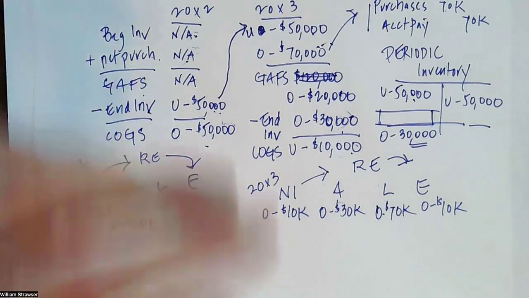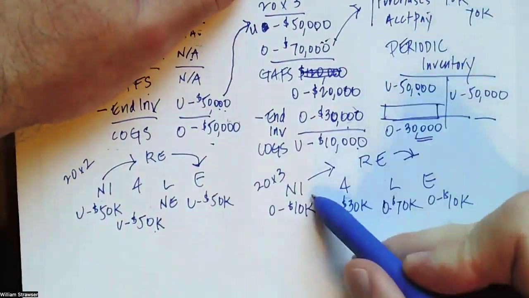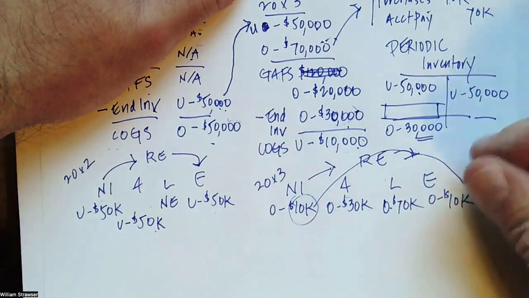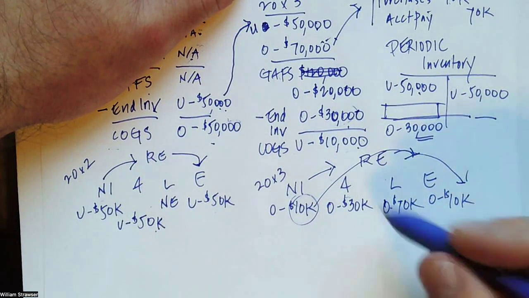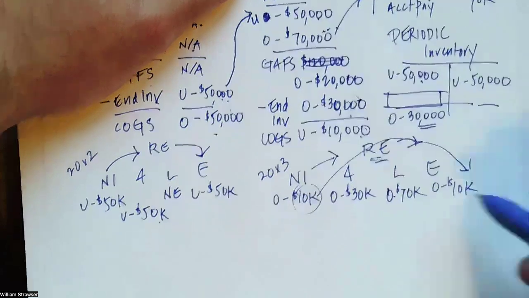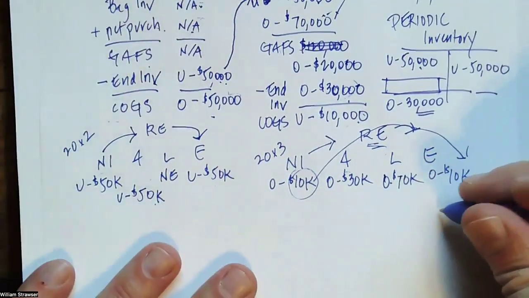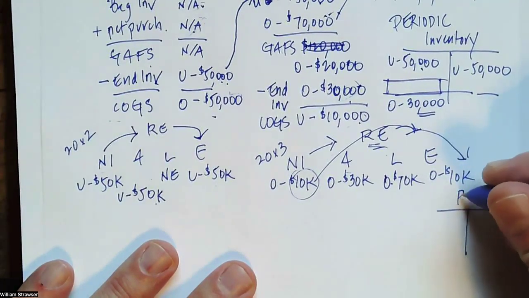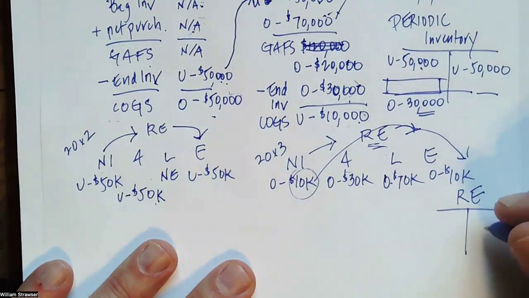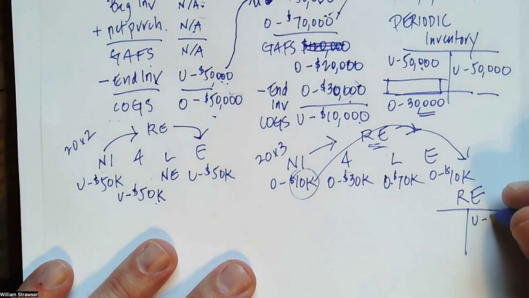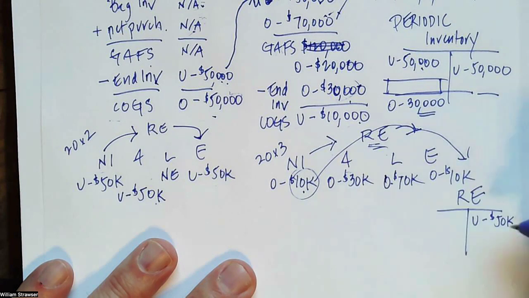And then we just have to account for one more piece. This error caused a $10,000 overstatement through retained earnings, right? But retained earnings began at an understated amount. So the beginning balance of retained earnings was understated by 50,000. And then we closed net income into it, and we closed an overstated net income amount to it.